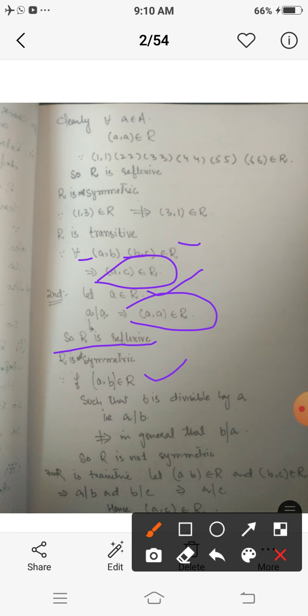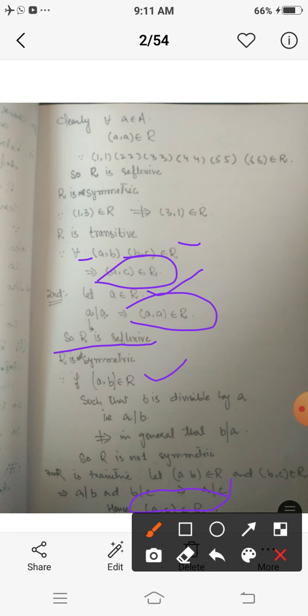So (b, a) in general does not belong to R, hence it is not symmetric. Similarly for transitivity, let (a, b) belong to R, meaning a divides b, and (b, c) belong to R, meaning b divides c. Now when a divides b and b divides c, it implies that a divides c, hence (a, c) belongs to R. So in other words, this is a transitive relation.